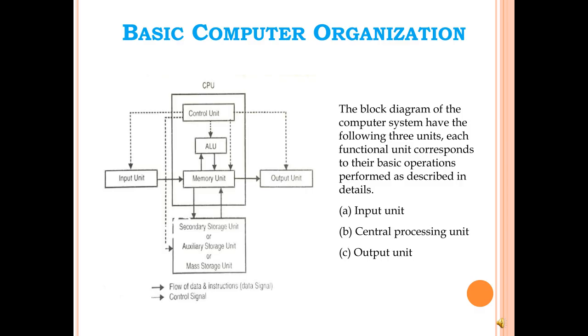Second, the ALU, that is the arithmetic and logic unit. And third is the memory unit. Once the CPU processes the data with the help of these three units, it goes to the secondary unit, which is also known as the auxiliary storage unit or mass storage unit.